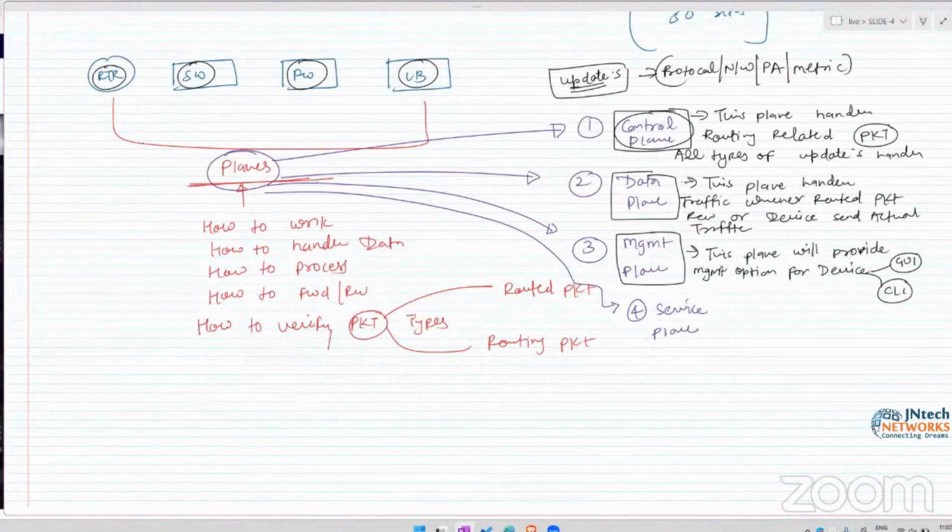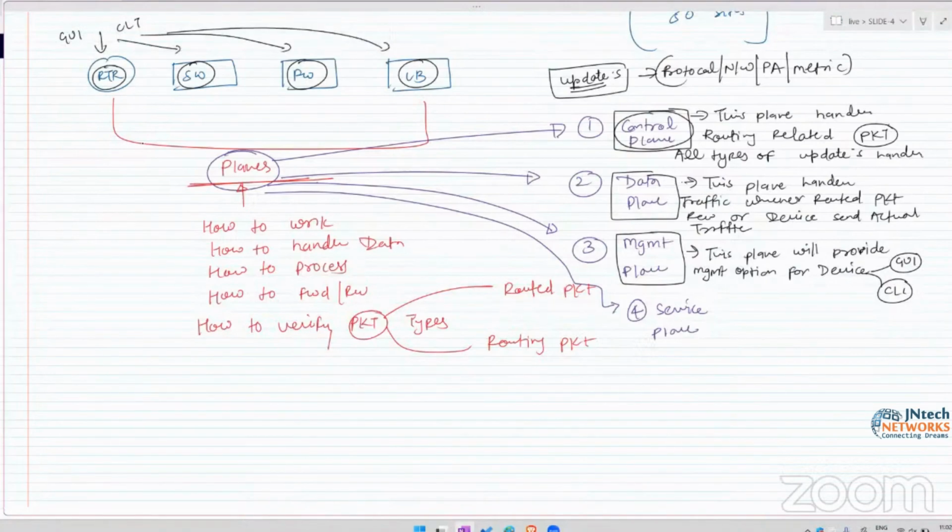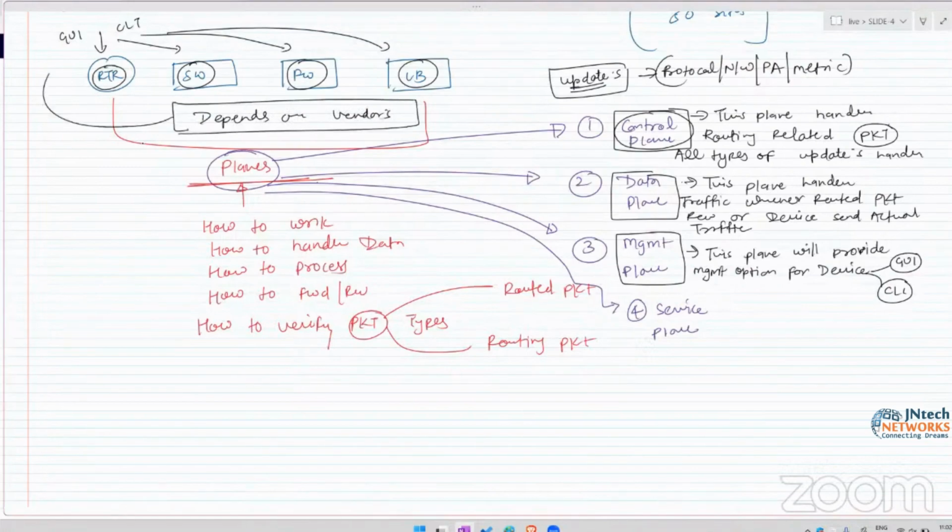If you have any doubt about whether you can access a router, switch, firewall, or load balancer through GUI or CLI, it depends only on your vendor. If the vendor provides a GUI or CLI option, you can access it.